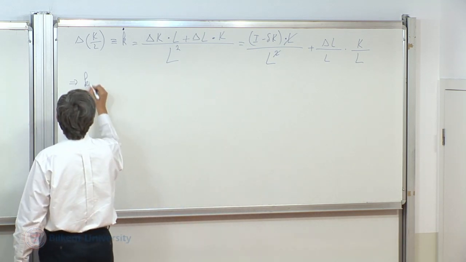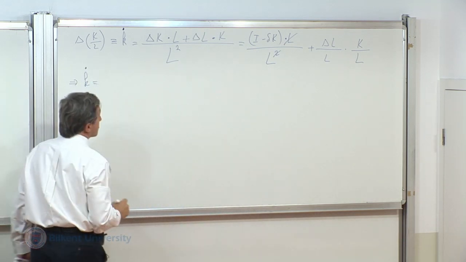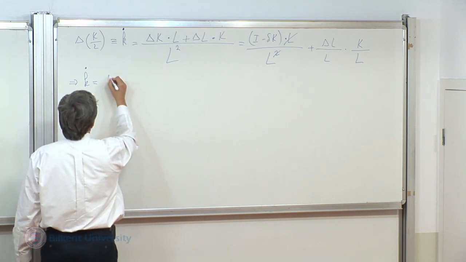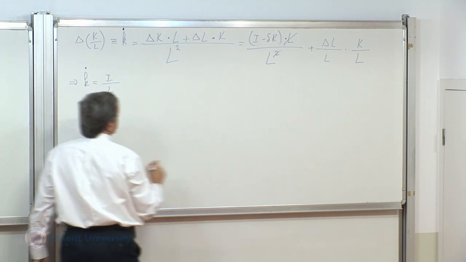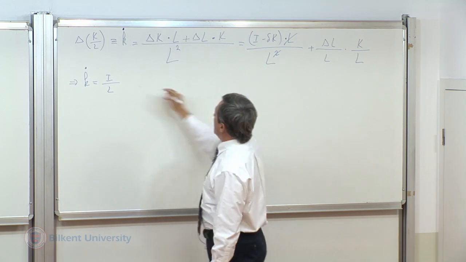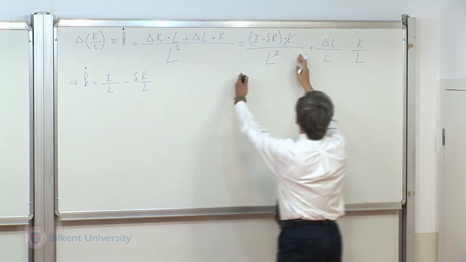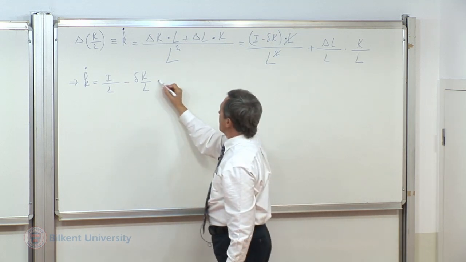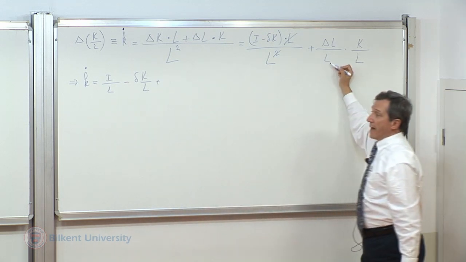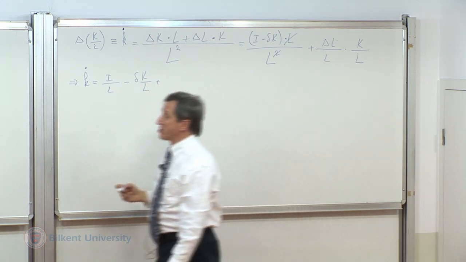So K dot turns out to be equal to investment over L here minus delta K over L plus delta L over L, that's the growth rate of the population of the economy.